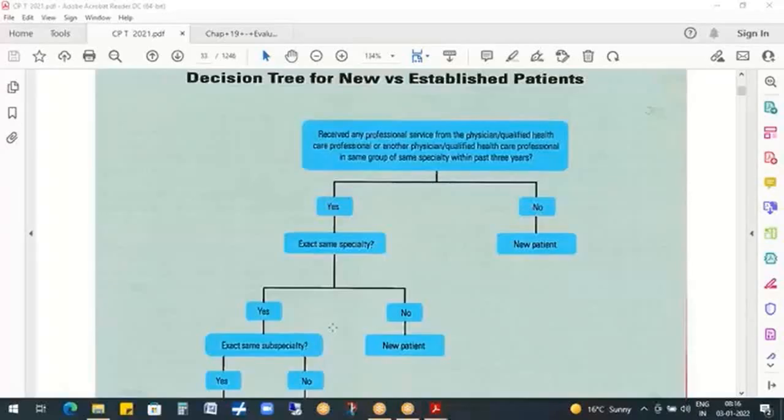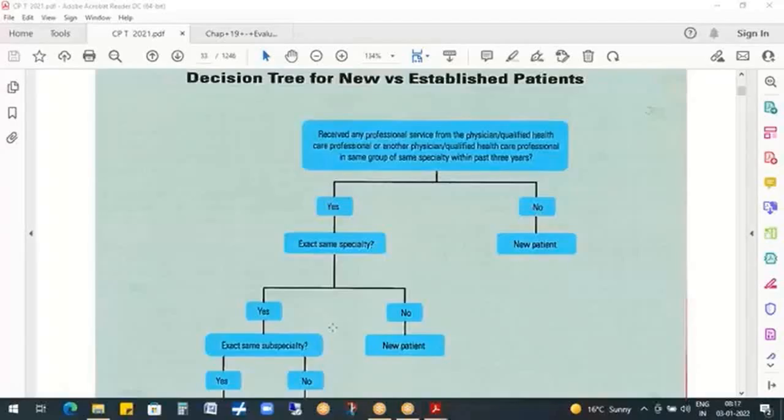Now, subspecialty. What does subspecialty mean? For example, take orthopedic. Few physicians are all orthopedics only, but they are expert in only hand and ankle or hand and foot surgeries.